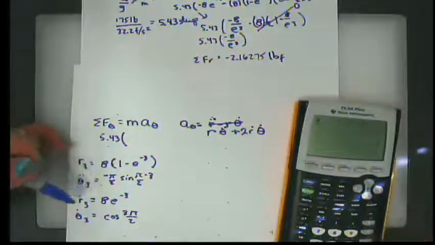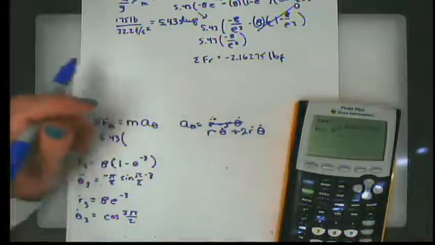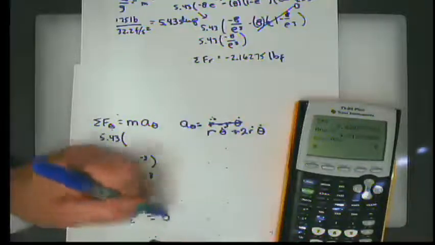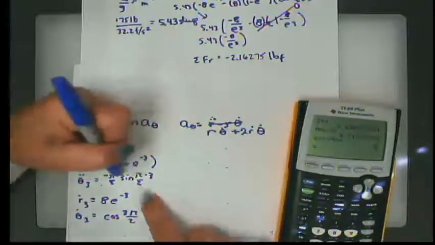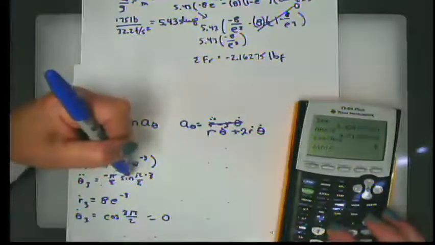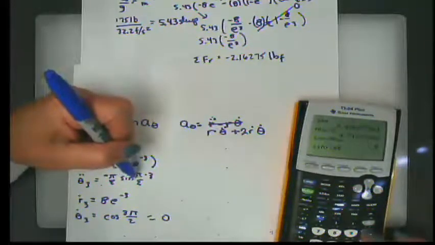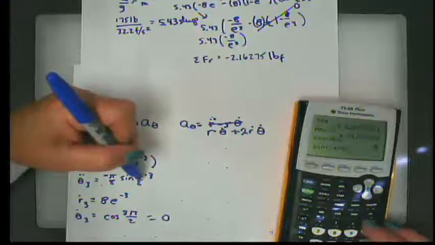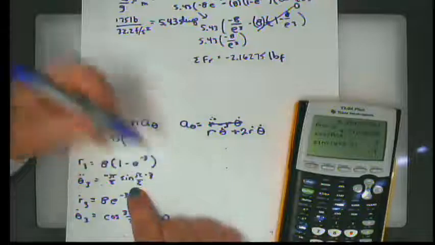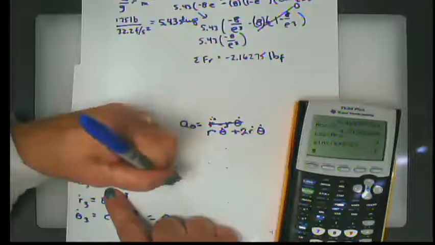So let's see, if we go 3 times pi divided by 2, and we take the cosine of that, this is 0. Yay. And if we go the other way, sine of the quantity pi times 3 divided by 2 equals negative 1. And so negative times negative is positive, that's pi over 2.